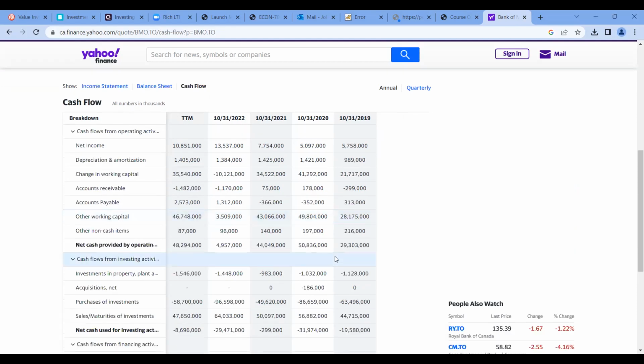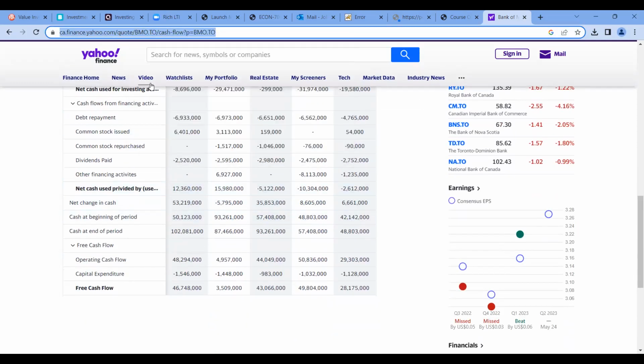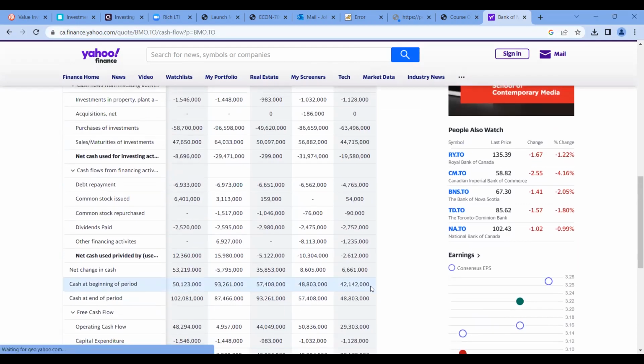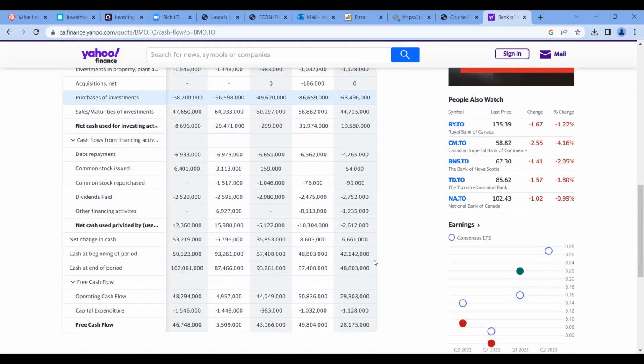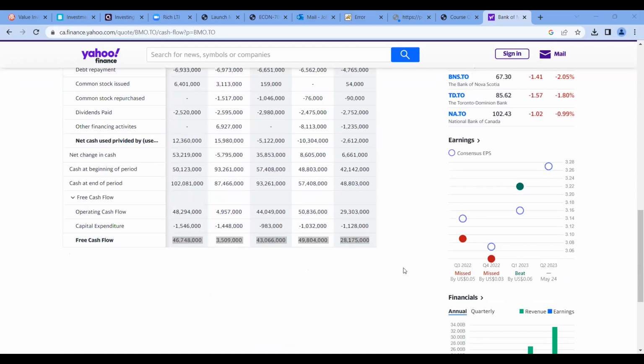And then cash flow. Cash flow can be found here. Cash flow is another good measure to use for investing. If we look at 2019 to present, it's just been increasing a lot. From 2019 to 2022, the BMO cash flow has risen from 28.175 billion to 46.748 billion, so basically almost doubled.